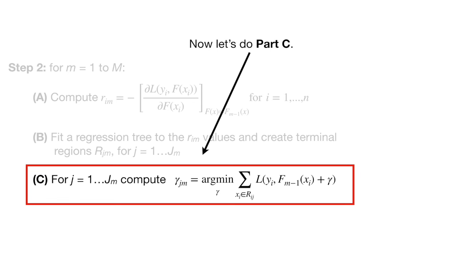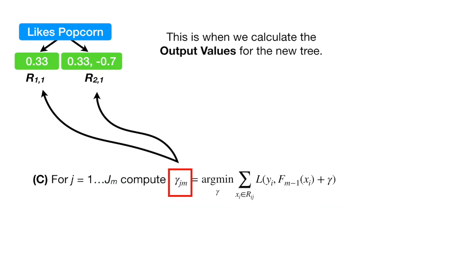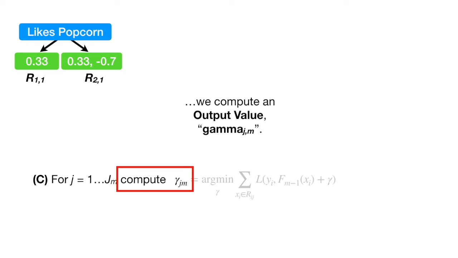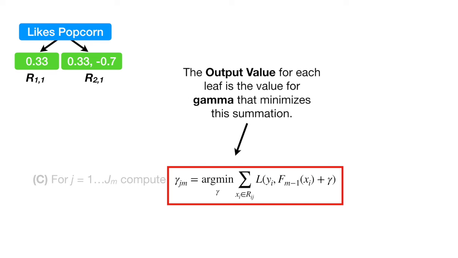Now let's do part C. This is when we calculate the output values for the new tree. So, for each leaf in the new tree, we compute an output value, gamma sub j, m. The output value for each leaf is the value for gamma that minimizes this summation.